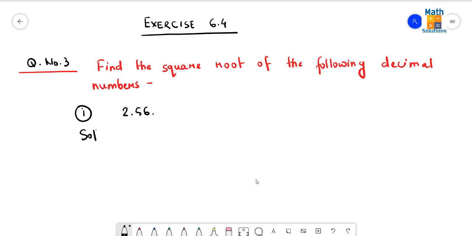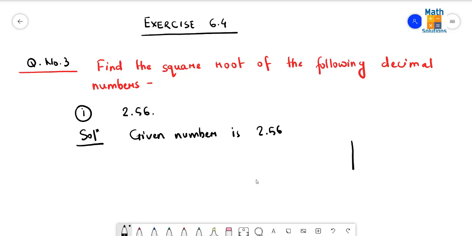So in the solution part, the given number is 2.56.